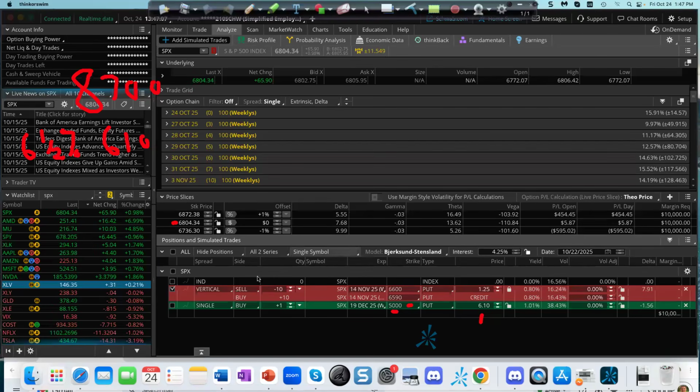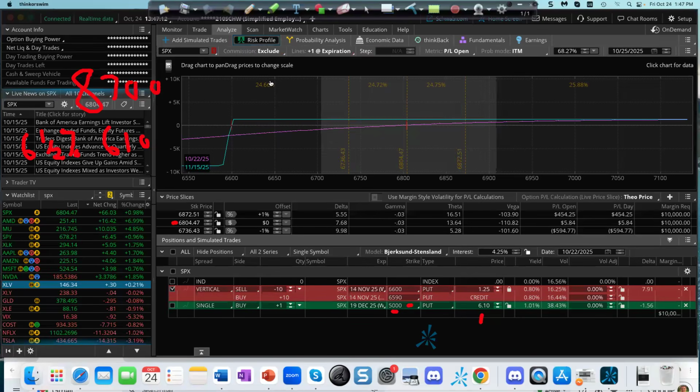If we move down 200 points in the market, this says with just the put credit spread on 8,700, I'd be down around $2,200, which is over 20%. Everybody agree? But if we went down 200 points in the middle of next week, how many points do you think VIX would rise?